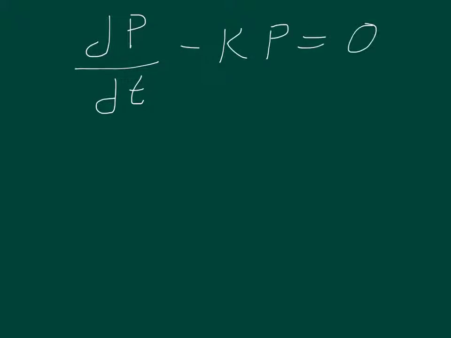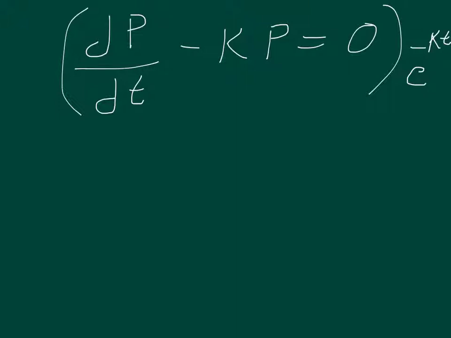We had dp/dt minus kp is equal to 0, and we want to multiply this entire thing by e to the negative kt. That's our integrating factor.